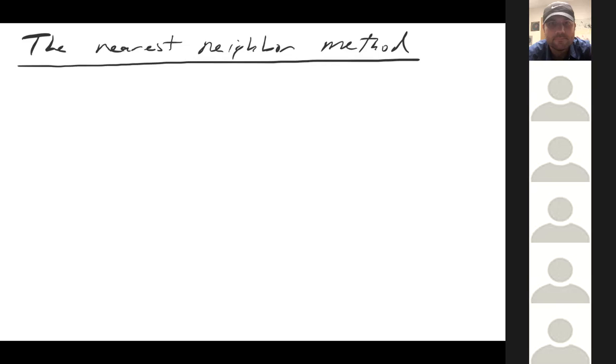So my point is that we don't always care that it's exactly the smallest. What the nearest neighbor method is going to allow us to do is find an approximation of the smallest.